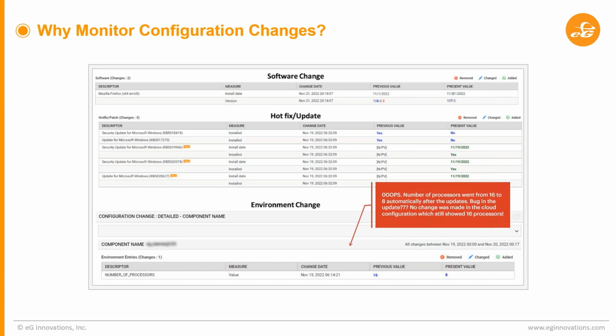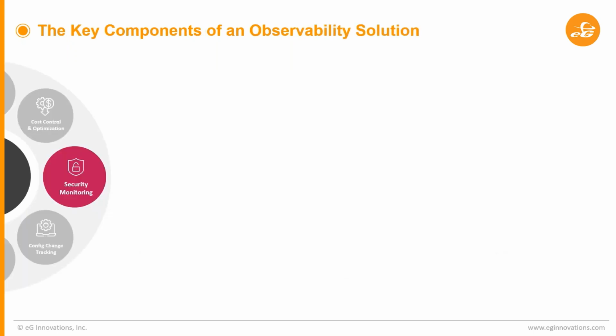So the CPU alerts that we were getting were not because the application performance had suffered, but because the machine had suddenly gone from a 16 processor machine to an 8 processor machine. And so utilization levels all of a sudden became much higher. So this is an example of where you can't just limit yourself to performance changes. You also want to look at configuration changes.